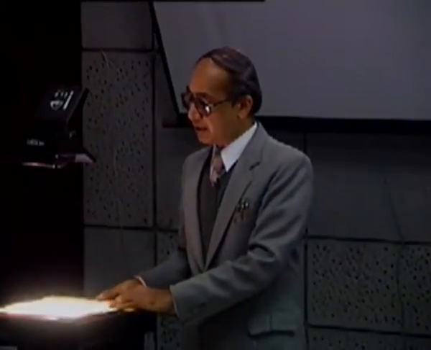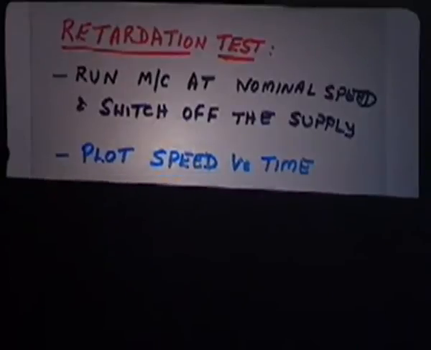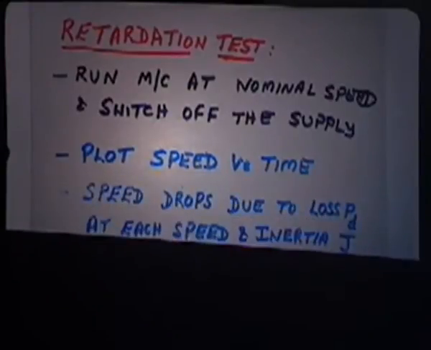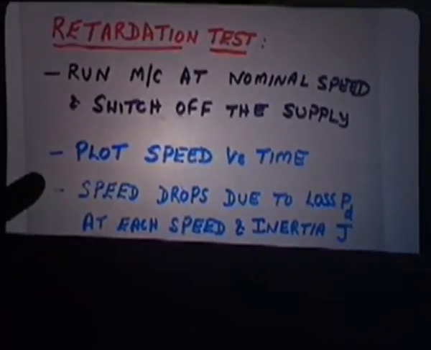So you plot speed versus time, and the speed drop is due to the loss PD, that is the loss in the system, at each speed, and also the inertia of the system J. So this decides how the speed drops with time.